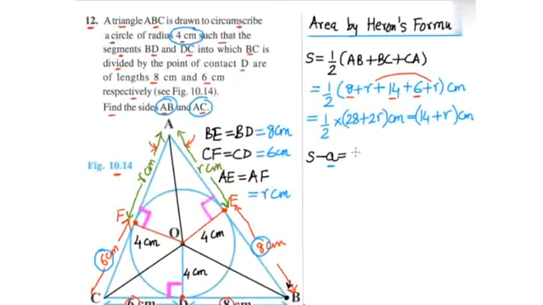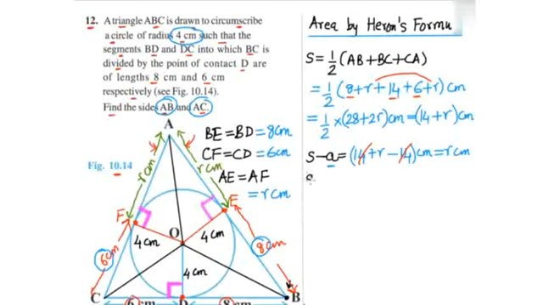So s minus a can be 14 plus r minus 14, since BC has a length of 14. The 14 and 14 cancel out, so we are left with only r. So s minus a is r centimeters.